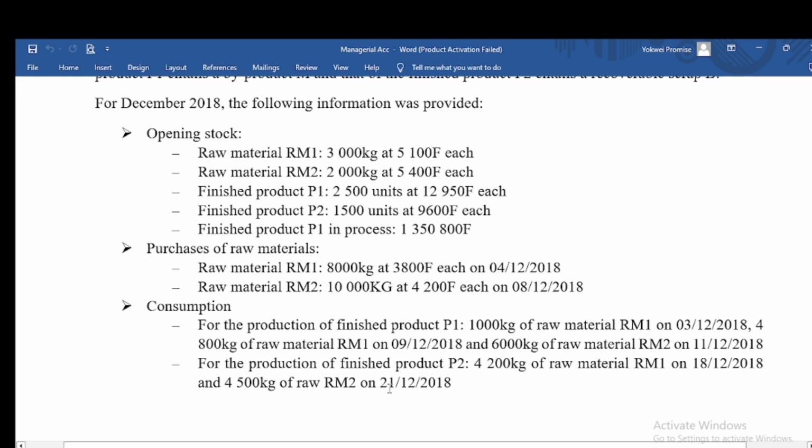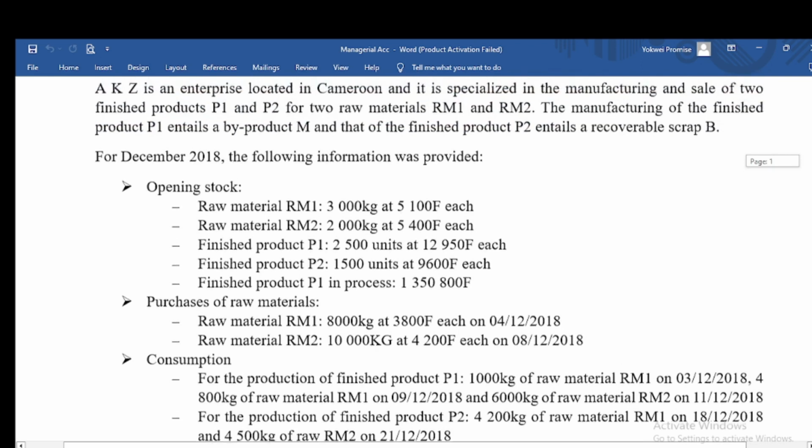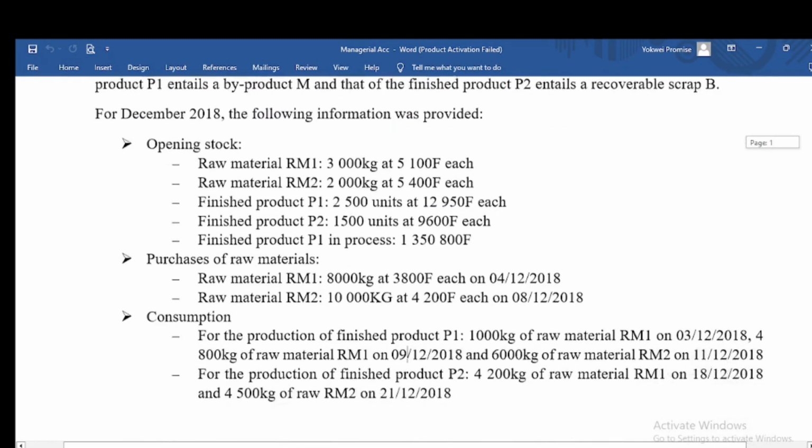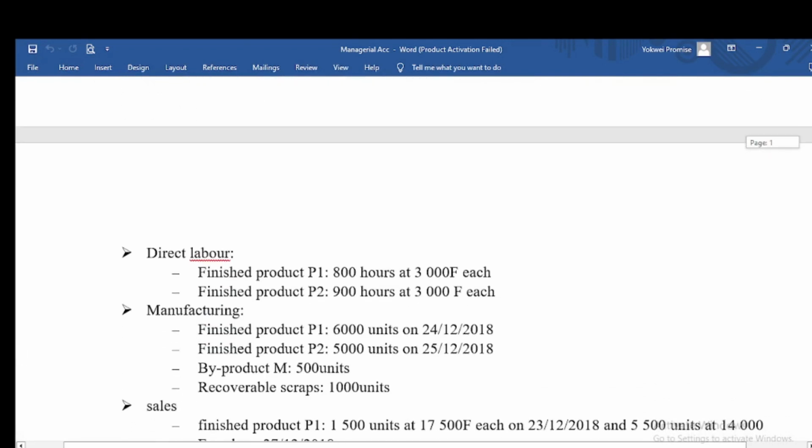That is all about the raw material M1, the consumption for raw material M1. I want to do only for one, but it's like we do for both, even though we'll not be able to determine the production cost for all the goods.